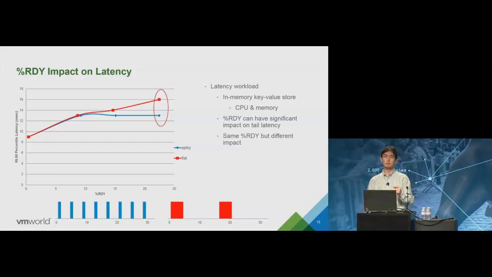If I look at 90 percentile latency, regardless of ready time, they are under 1 millisecond. So if your workload is very sensitive to tail latency, then you may want to watch out for ready time.